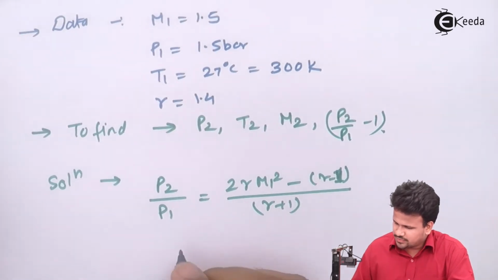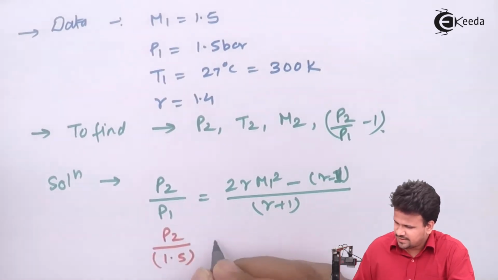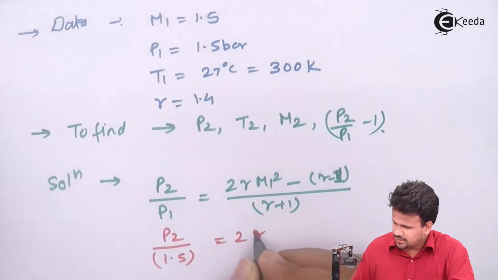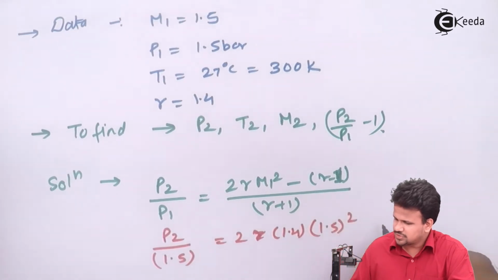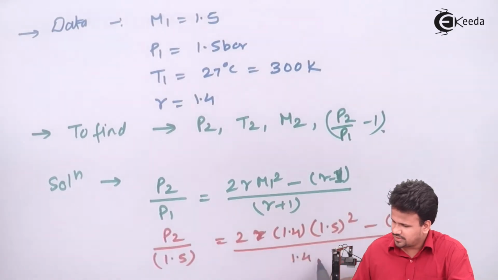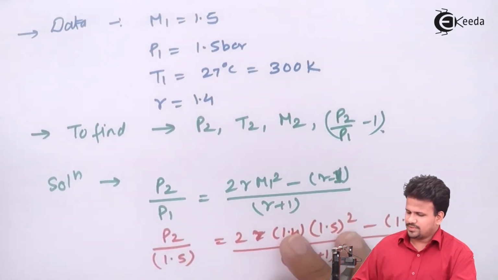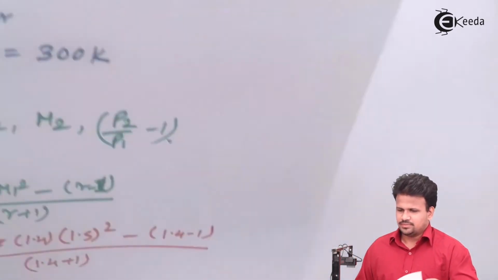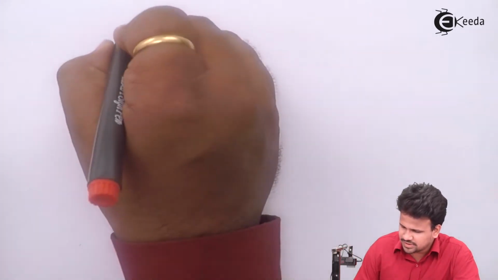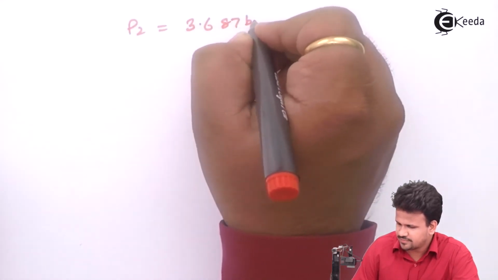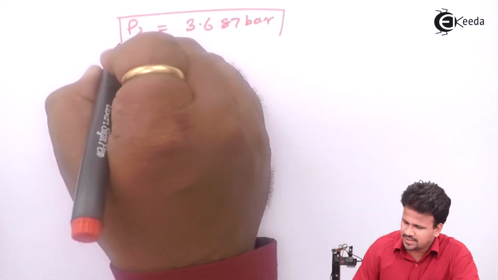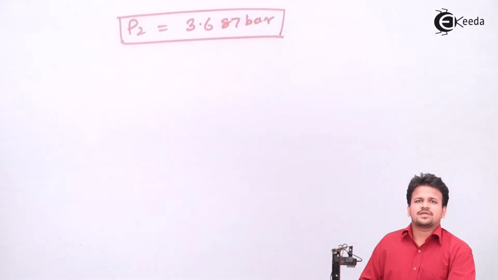We get P2 upon P1 equals (2 into 1.4 into 1.5 the whole square minus (1.4 minus 1)) upon (1.4 plus 1). On calculation, we get P2 equal to 3.687 bar. That is the pressure at the downstream. So we have calculated the pressure.